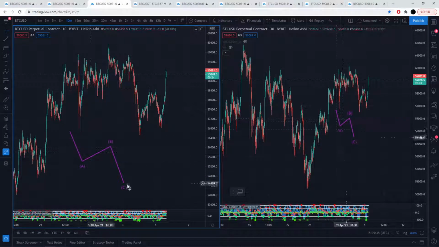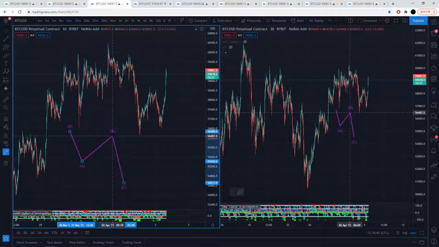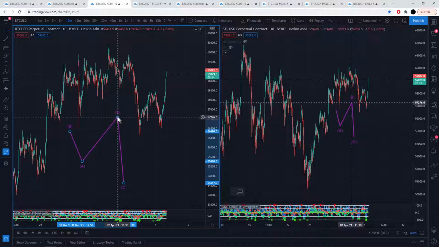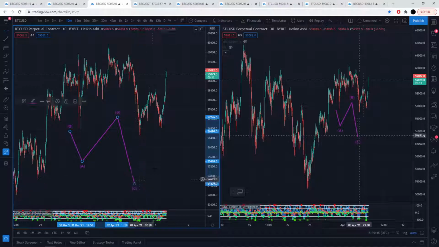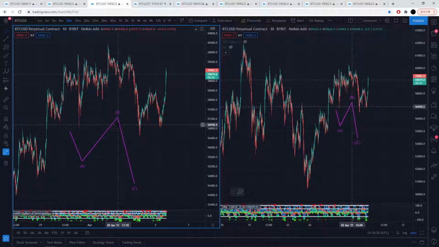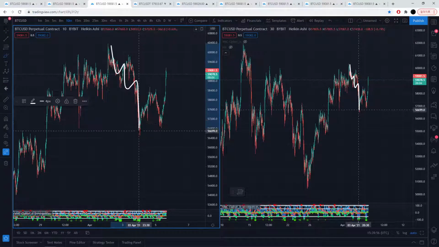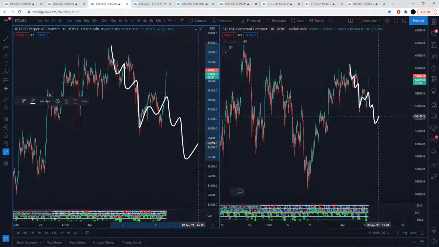So that is a regular flat, and this is a running flat where the top of the B and A matches, the same height, and this is a regular flat. So there are three types of flat that you can expect. In my previous video, I said if that was an impulse, you can only expect one type of correction.